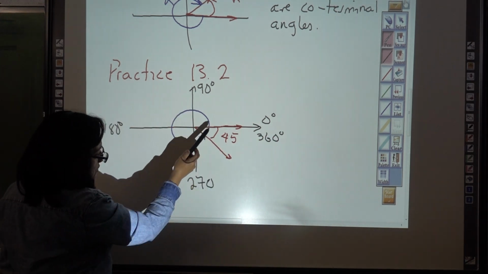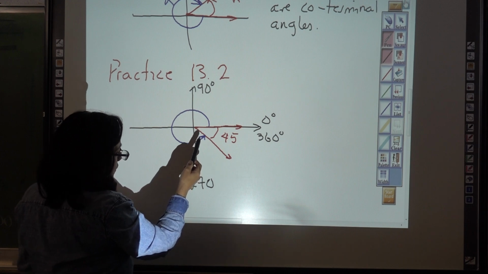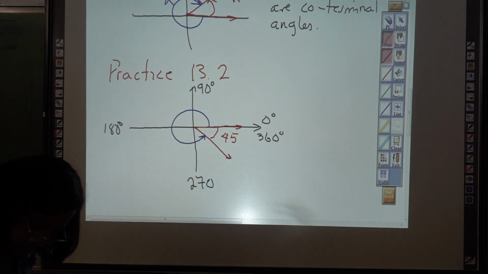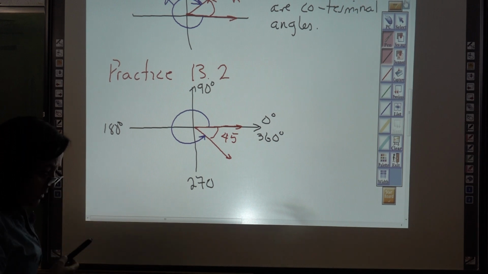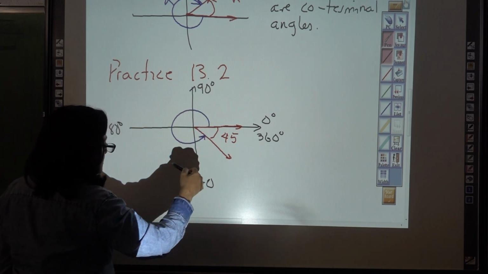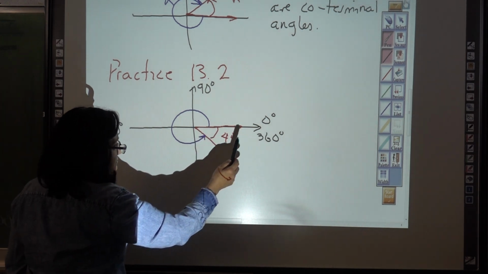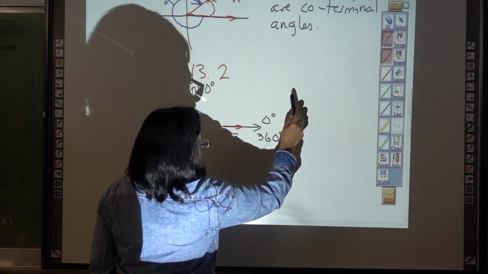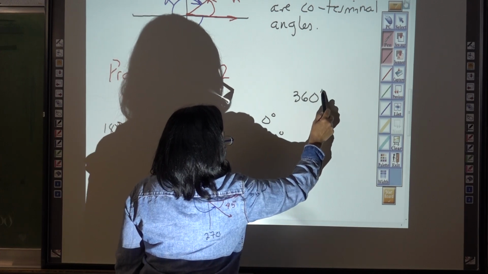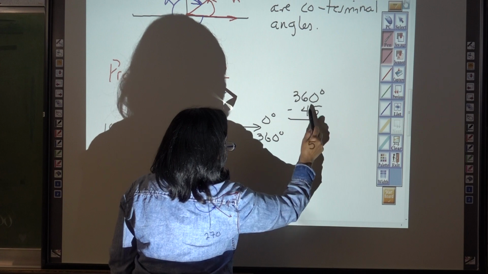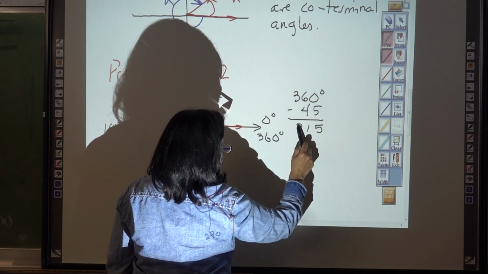So if we have this one is 45, we are going to measure this angle. Since we're going counterclockwise, it's positive 360 minus 45. So 360 minus 45 degrees will be 315.